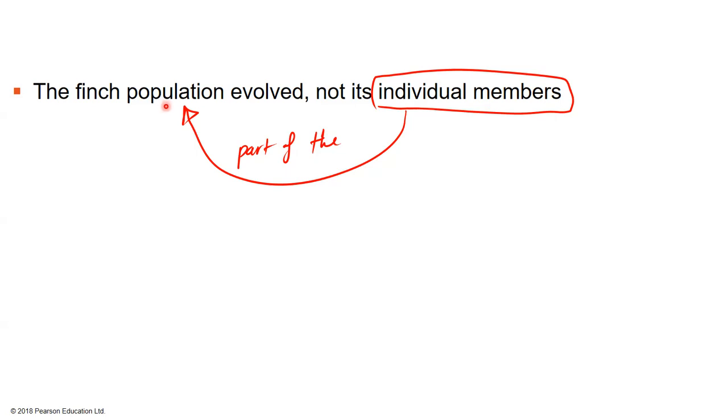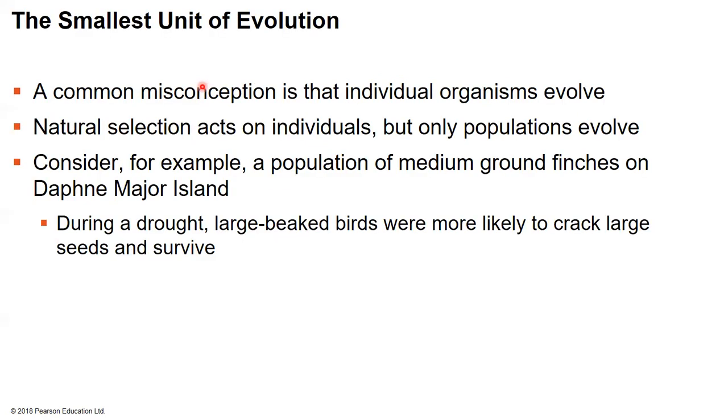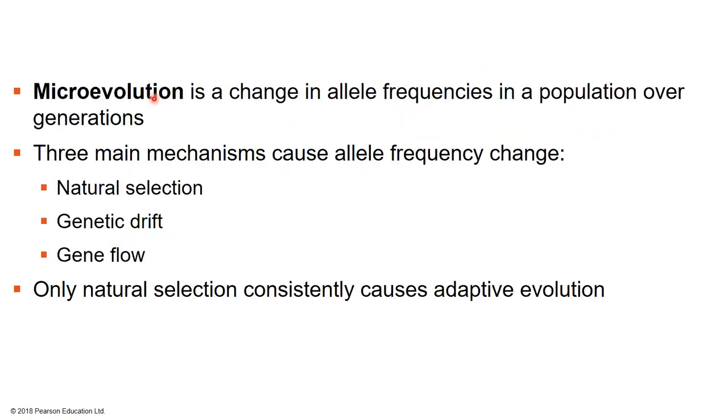And this allele frequency actually changes. How? This is what we're going to learn about in this chapter: how the allele frequencies can change with time. The three main mechanisms that cause allele frequency change are natural selection, genetic drift, and gene flow.